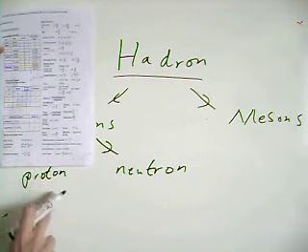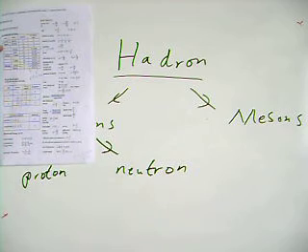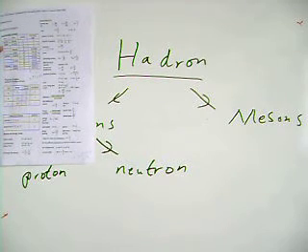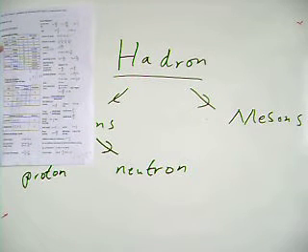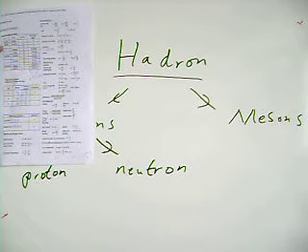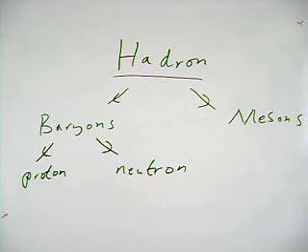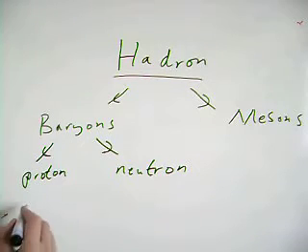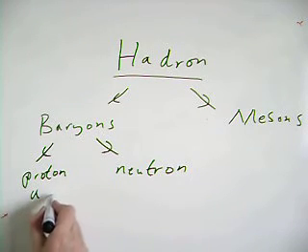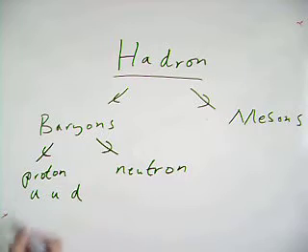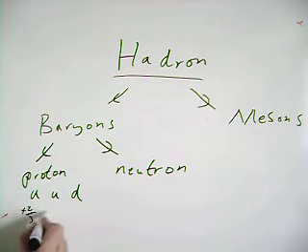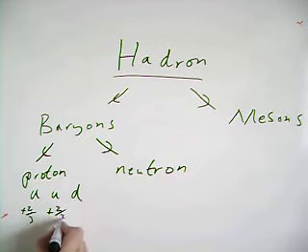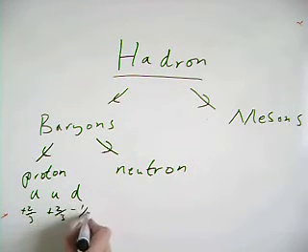Even if you don't know the structure of these in the exam, you should be able to deduce it fairly easily from your knowledge of these particles and the information on the data sheet, and the fact that we need to combine 3 quarks. A proton must be made out of 2 up quarks and a down quark, because from the sheet we can see this is charged plus 2/3, plus 2/3, and minus 1/3.